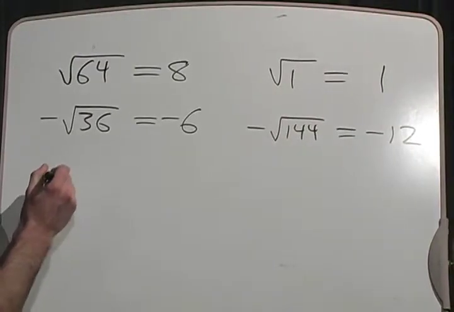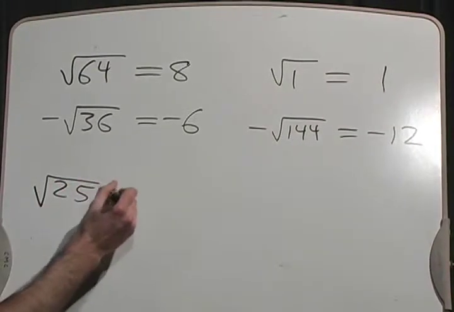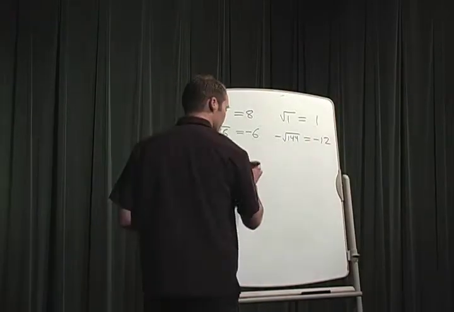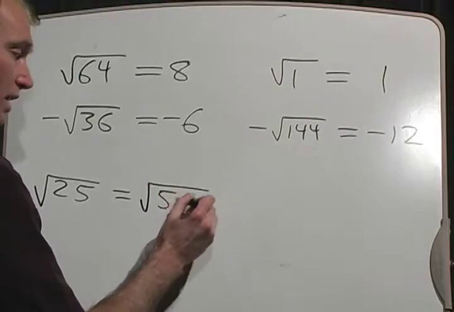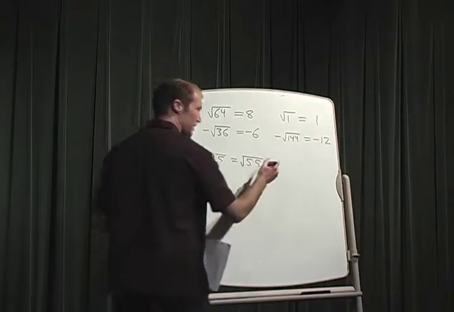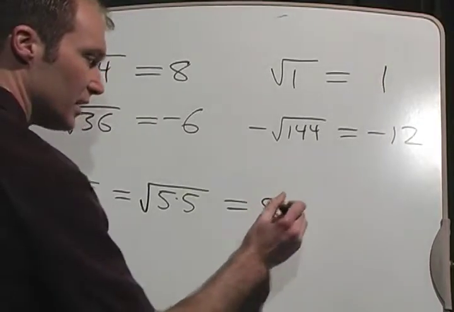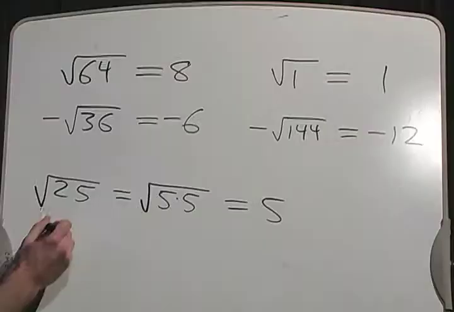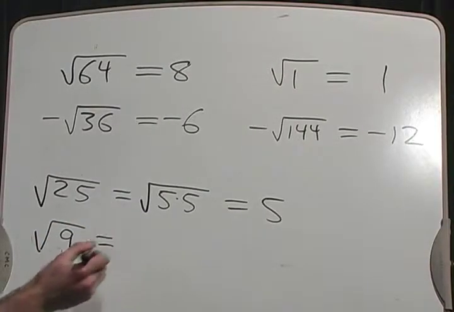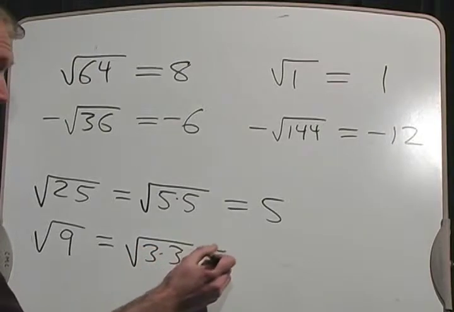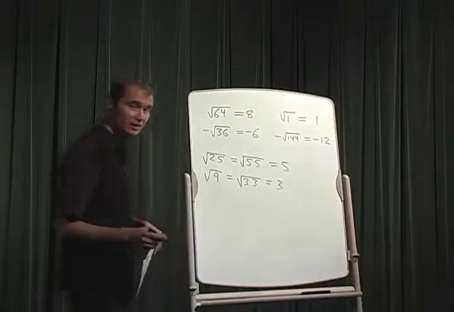Let's go back to the square root of 25 again. Well, I know that 25 is just 5 times 5, so this could be rewritten as root 5 times 5. And we also know that that's equal to 5. In fact, the same sort of process could be used if I have the square root of 9. Well, this is just going to be the square root of 3 times 3, and that's going to be equal to 3.